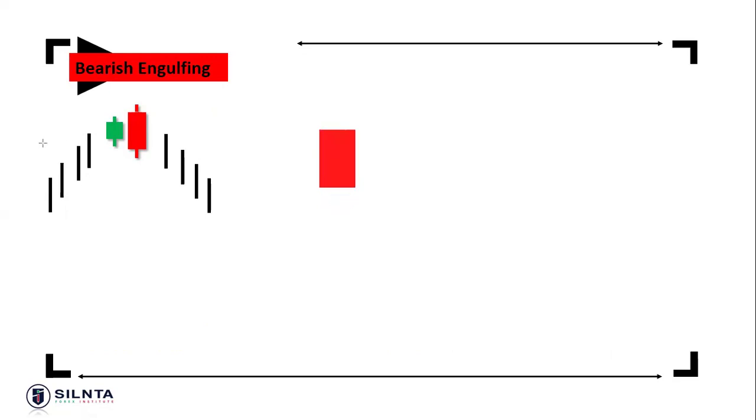And then we get a green candle after it that will take the height of the previous candle. The next candle has a higher height than the previous one, and it starts at the bottom or at the top of the previous candle.